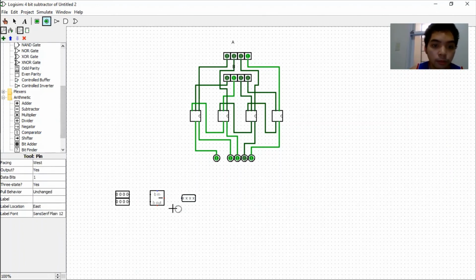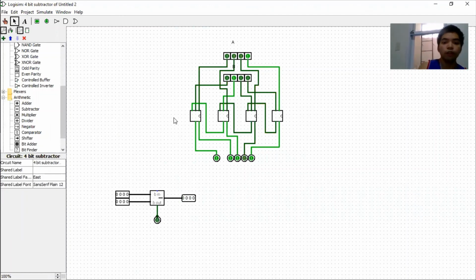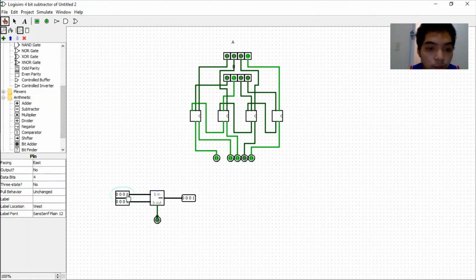Then the borrow. Like this. So 1 minus 4. 1 minus 4. Just the same here, right? So that's it. Thank you.